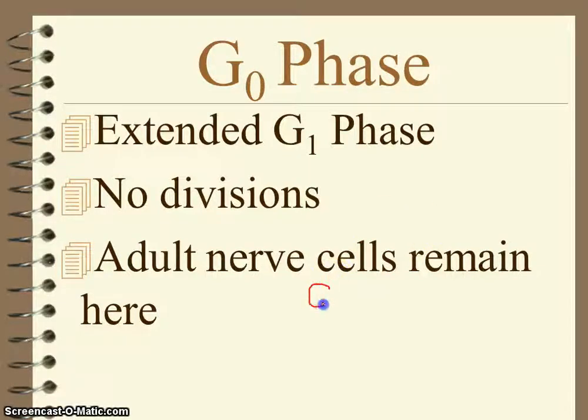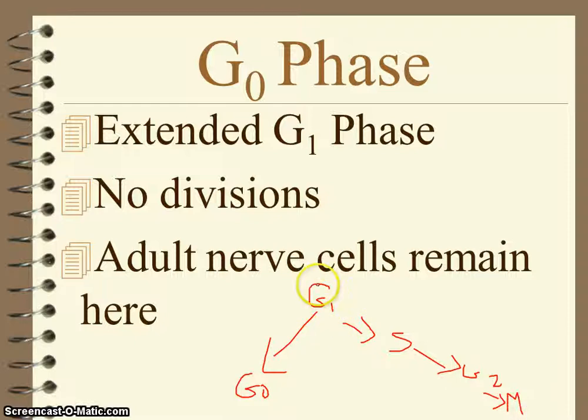So from G sub 1, a cell can either get stuck in G sub 0, or it can go on to S, then on to G sub 2, and then on to mitosis.